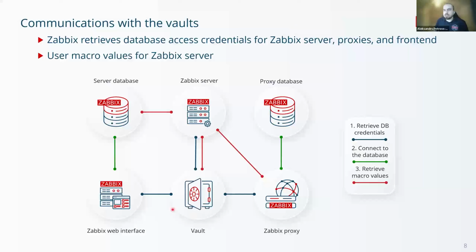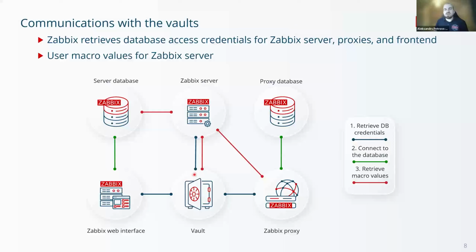All the database credentials will be stored in the vault, and Zabbix components each will have access to their own database credentials, which they will initially take from the vault, right? So they will go to the vault, take them out, and only then Zabbix components will be able to connect to the database and then already work with the database, properly connect to it, save the data, get the configuration, and so on.